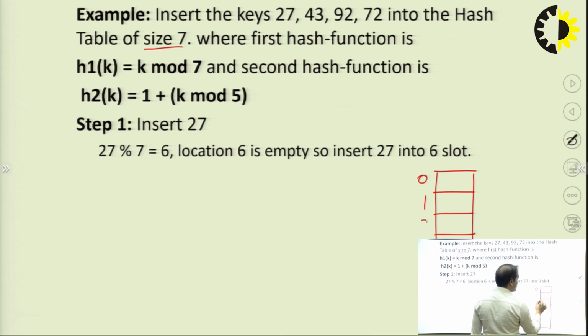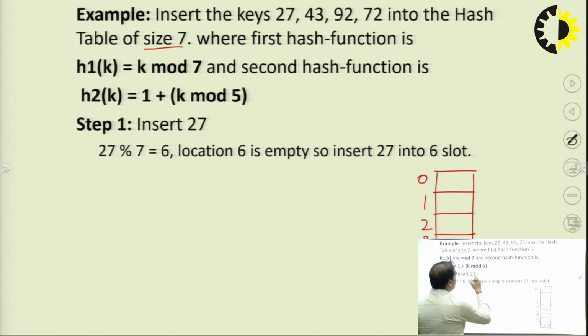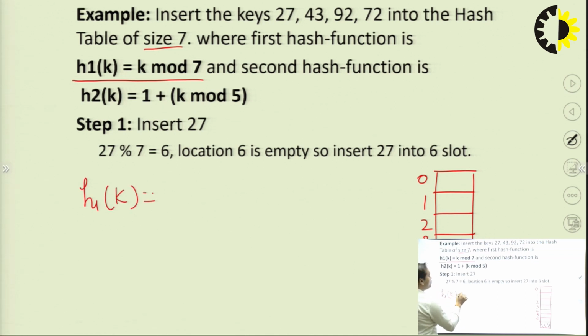The table looks like this: 0, 1, 2, 3, 4, 5 and 6. Total space is 7, so we take 0 to 6. Now we have to find the value according to the first hash function, h1(k) equal to k mod 7.